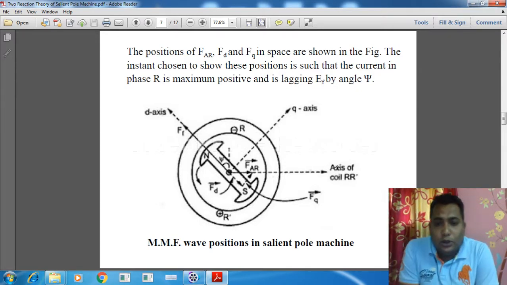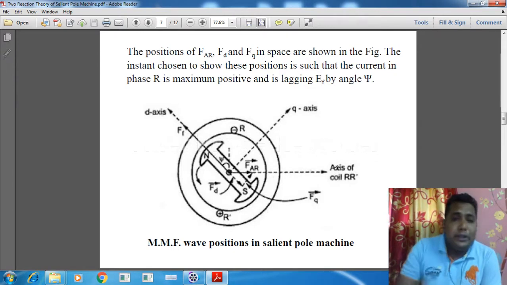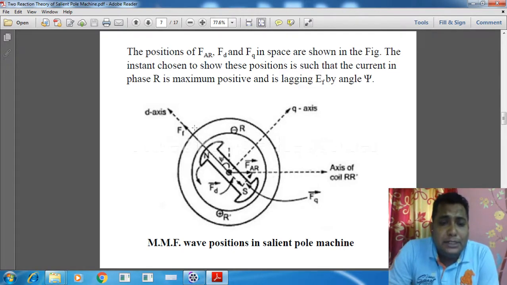So as we can see, follow my pointer. In this particular diagram, this is the D axis and shifted by 90 degrees, this is the Q axis. And this is the position of maximum current in phase R, there is a positive and a negative.